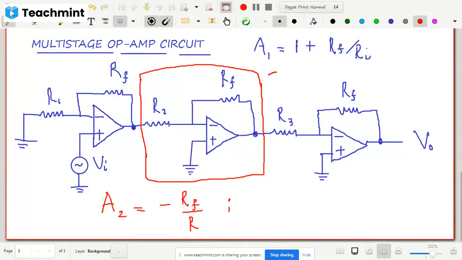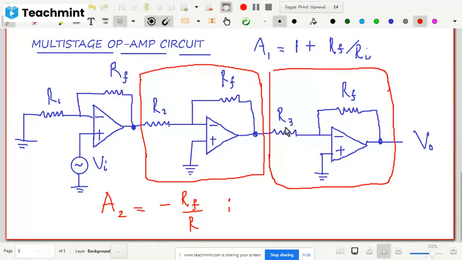A3, see, A3 will start from here. For this stage, this is R3, RF divided by R3. Similarly here also you see the output of the previous stage is the input of the third stage, and the input is given to the inverting terminal.